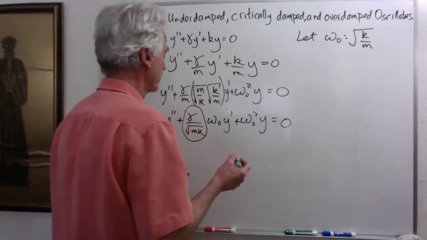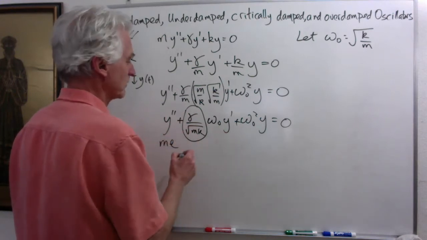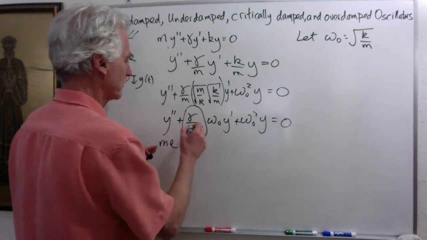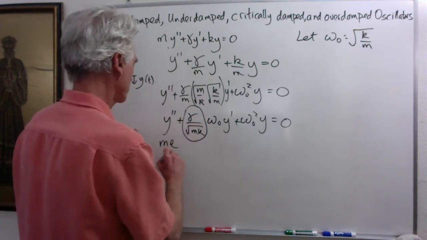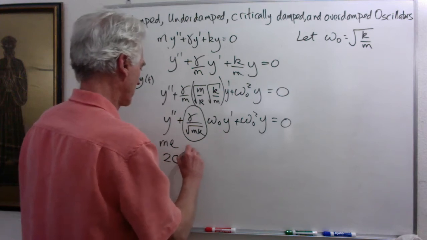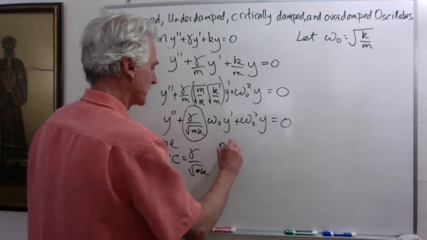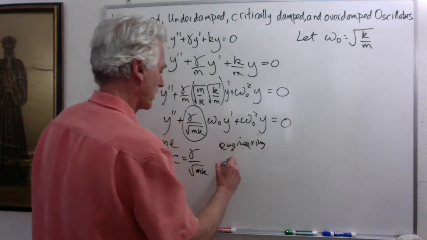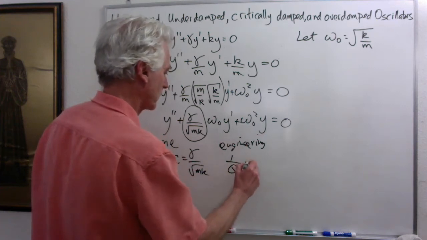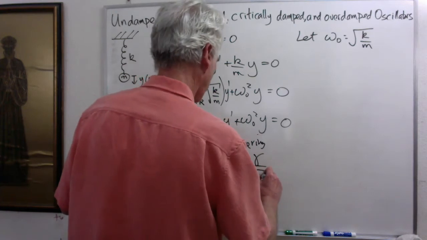So it has a few different names. I'm going to call this B, and in general, in math, we define this to be something like, I'm going to call this 2C. In engineering, we would probably call this 1 over Q, is this gamma over square root of MK.